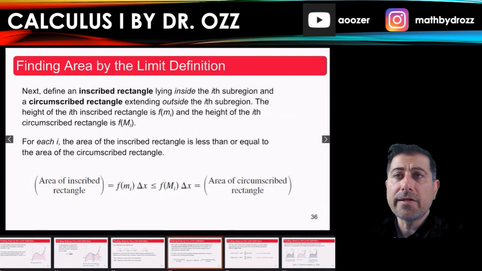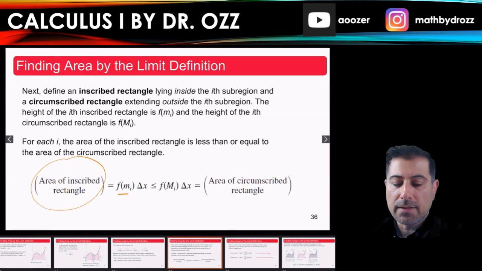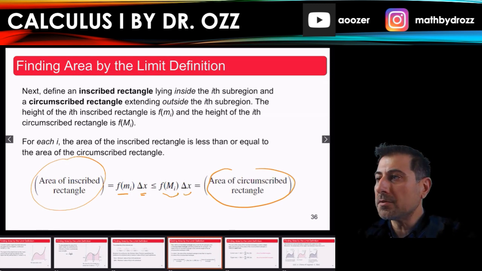As you see, the area of the inscribed rectangle is f of little m sub i times the width, which is always delta x in this case. And the area of the circumscribed rectangle is f of capital M sub i times delta x. Okay, so we know that the area of the inscribed rectangle is less than the area of the circumscribed rectangle. So that's one quick observation.